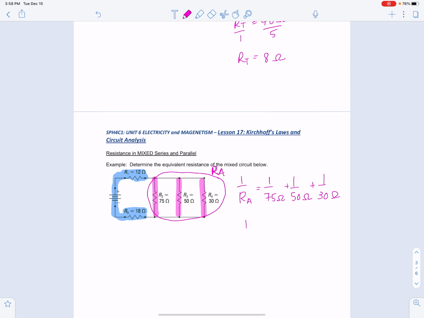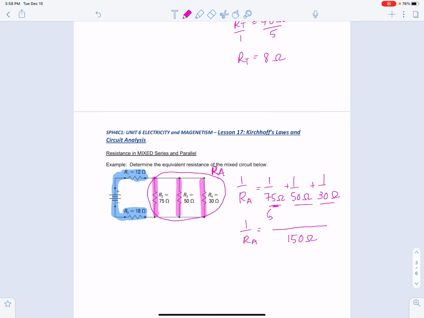To find the total of this, we need to find a common denominator between 75, 50, and 30. And the common denominator between 75, 50, and 30 is 150. What do we multiply 75 by to get 150? That's 2.